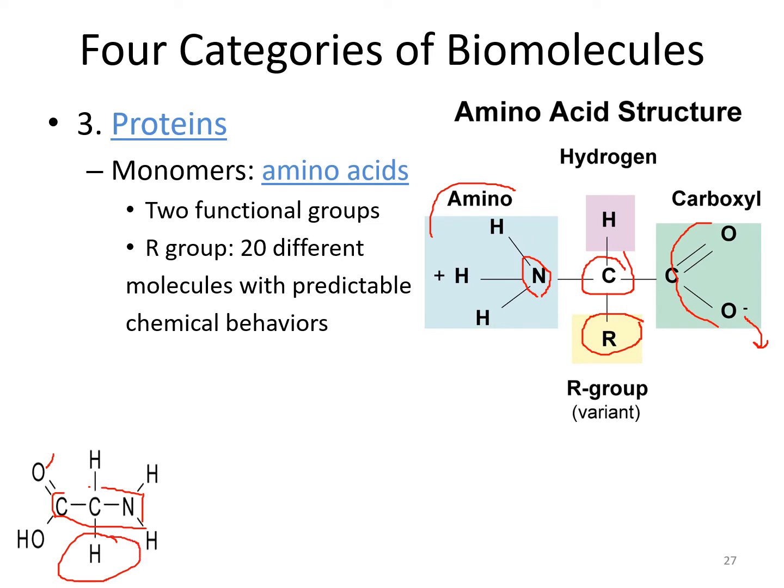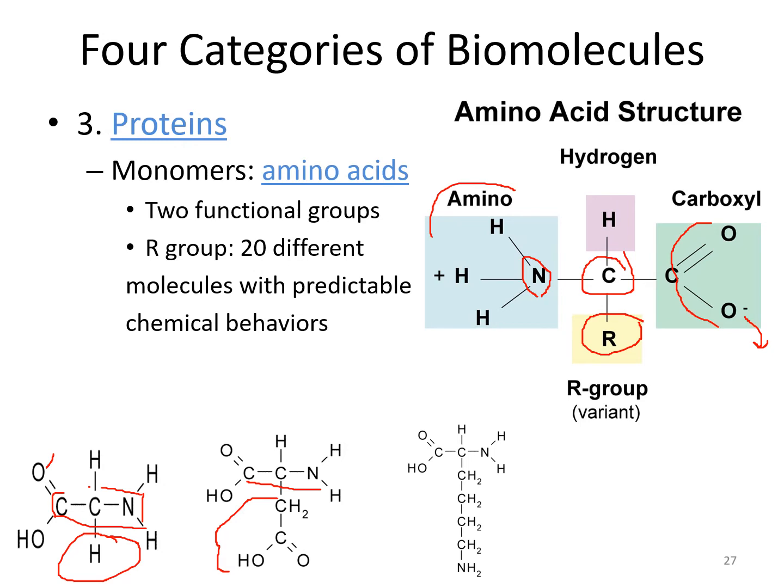So something as simple as a hydrogen is one type of amino acid. Here again, carbon, carbon, nitrogen, the backbone, and this here, a lot more complex R group. Again, carbon, carbon, nitrogen, this is the R group, and this as well.